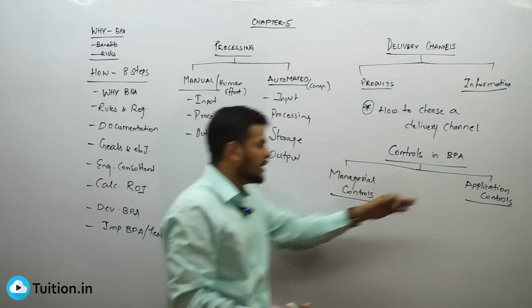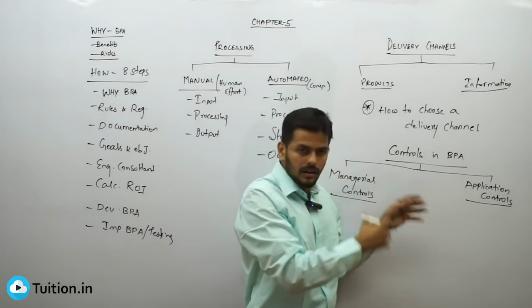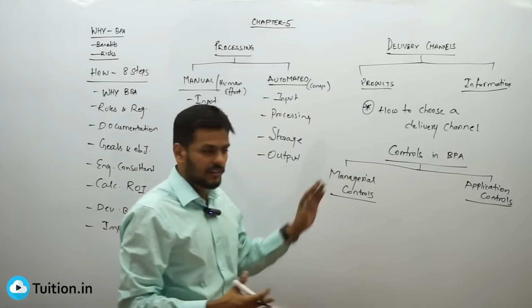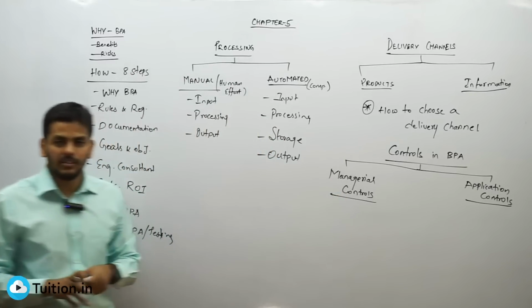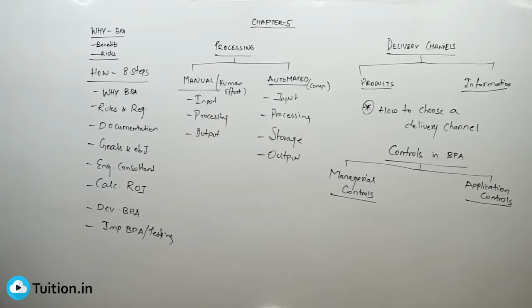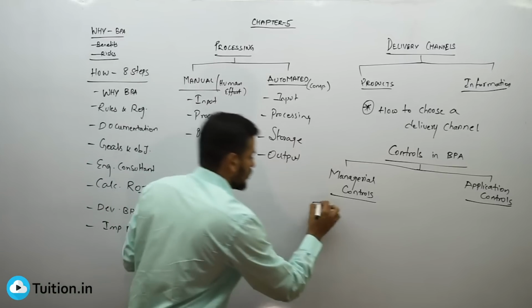It's a very important thing. Application controls, there's a broader discussion. I will discuss it in the next frame. Right now, we'll talk about managerial controls. There are 7 of those managerial controls, and let me take you through those very quickly. What are those controls? Top management controls, system development controls.